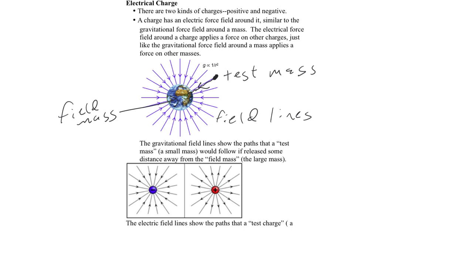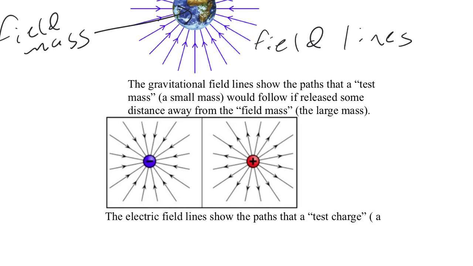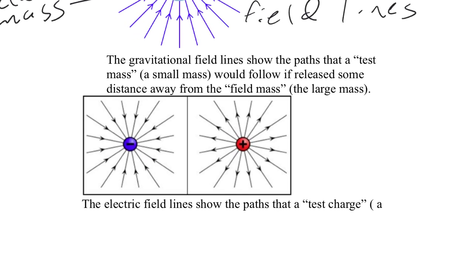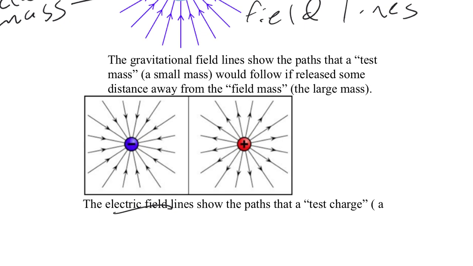electric fields. First of all, there are two kinds of charges, positive and negative. Okay, so in this picture right here, we can see an electric field with electric field lines. So a charged object will have a force field around it that influences other, not masses, but other charged particles.